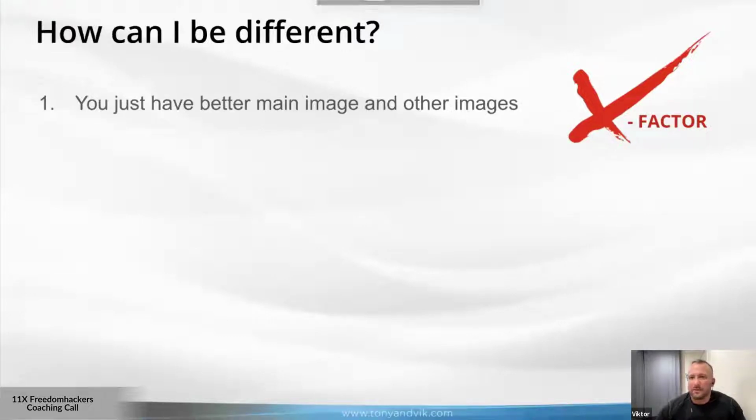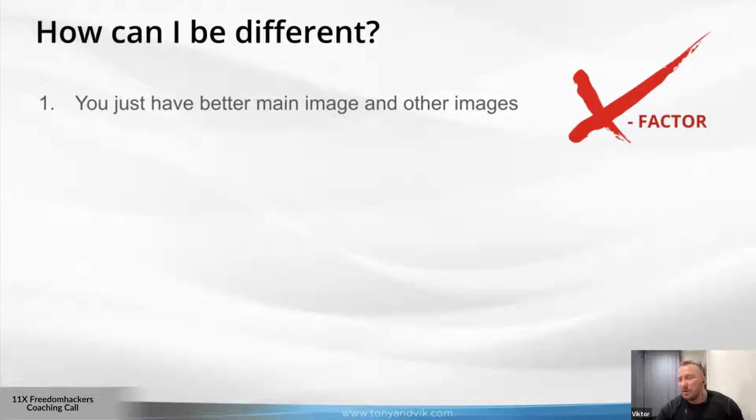So the first is just the marketing. Like you have a better main image than other images, and you may also know, like back then our competitive advantage on selling on Amazon was marketing. We knew how to do giveaways, how to get reviews. We knew how to get stuff that normal people didn't. We basically knew how to manipulate the system.